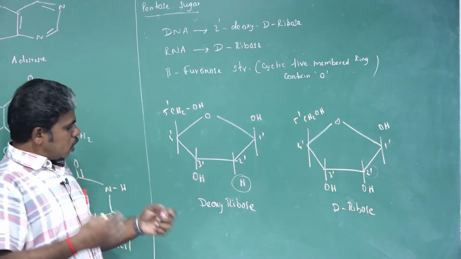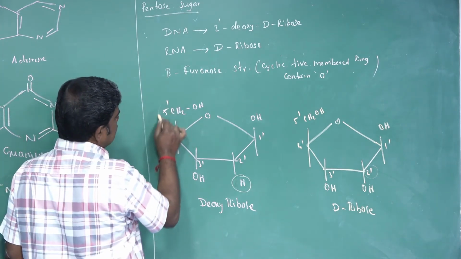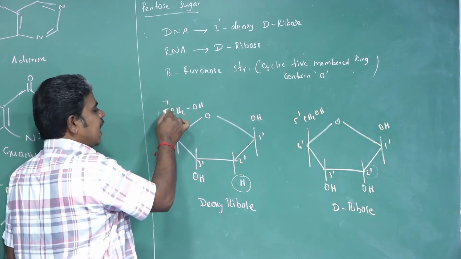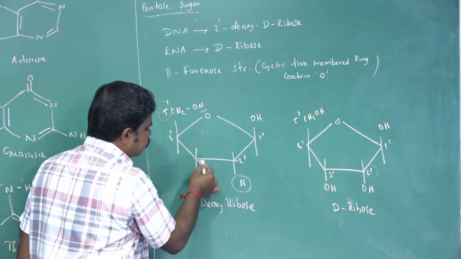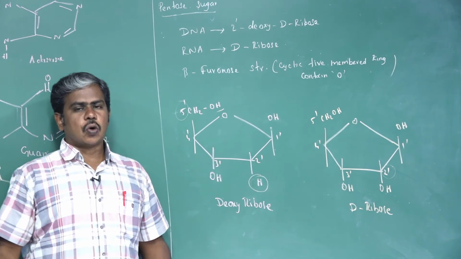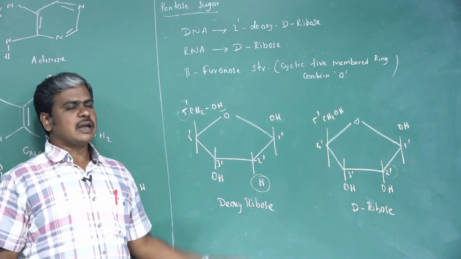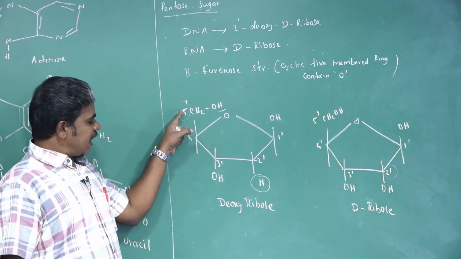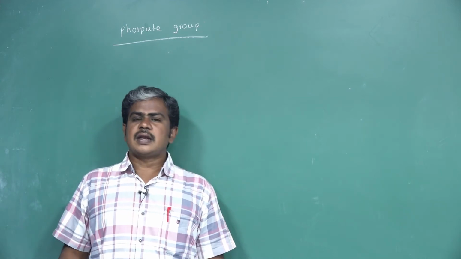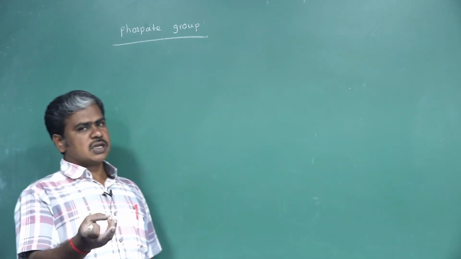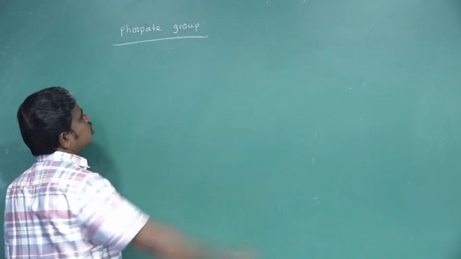And in a nucleotide, what are the linkages? The phosphate is linked with the 5' position OH group or maybe the 3' position OH group. So the phosphate linkage occurs in the pentose sugar at the 5' position or the 3' position. DNA and RNA contain a nitrogenous base, a pentose sugar, and the third one is a phosphate group.